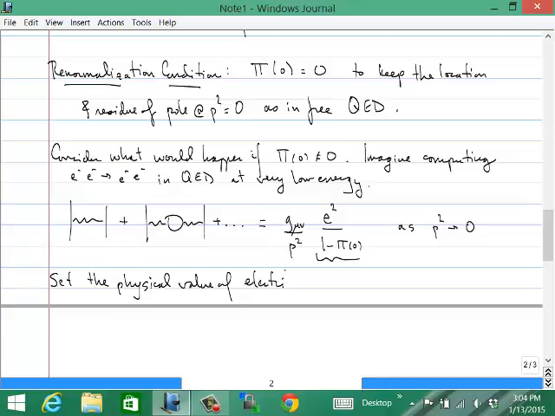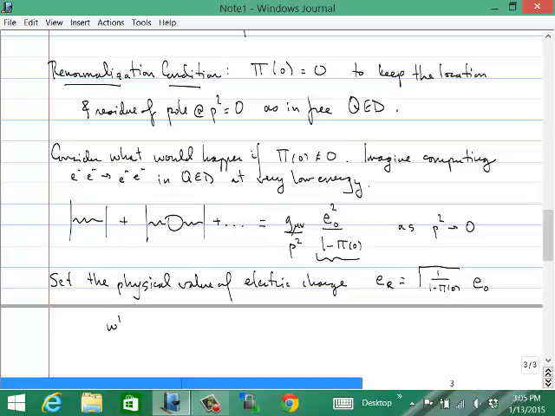Okay. So you define the renormalized value of the electric charge, E renormalized, to be the square root of 1 over 1 minus pi of 0 times E. And here, maybe I'll call that E naught. So E naught is the bare electric charge, that is to say, the parameter that appears in the Lagrangian.